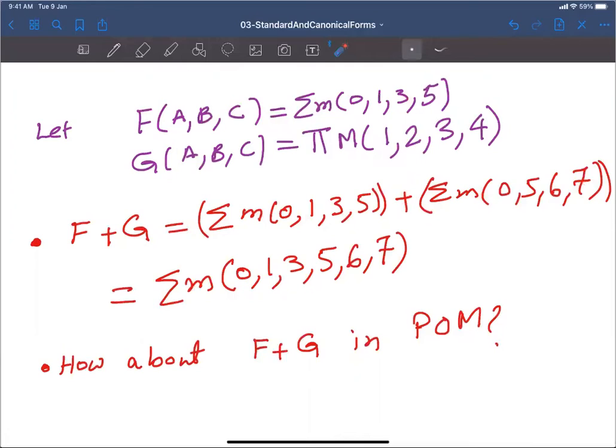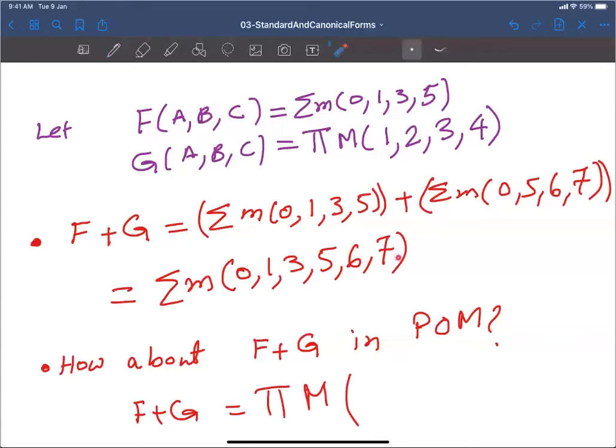What about F ORed with G in product of max terms? It's going to be the product of the terms what? F ORed with G is going to be equal to product of big M of what? Anything that doesn't show up in here, right?